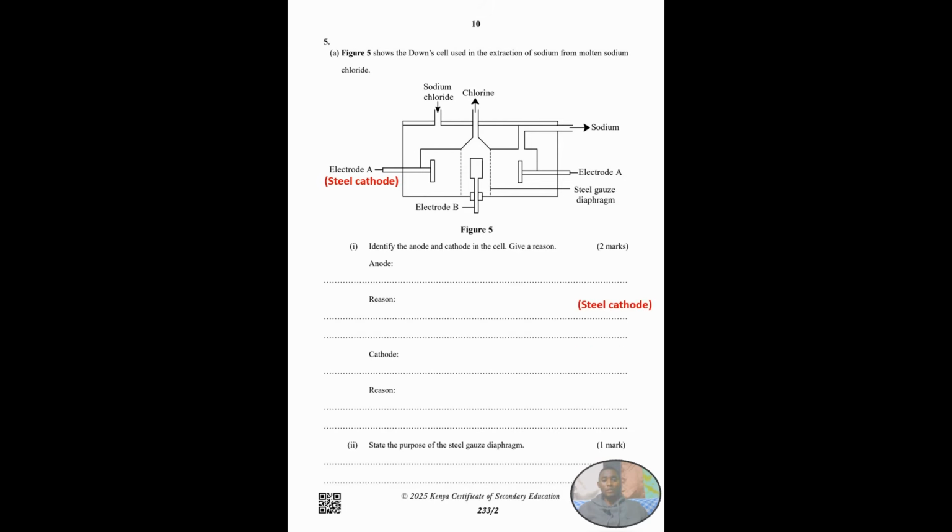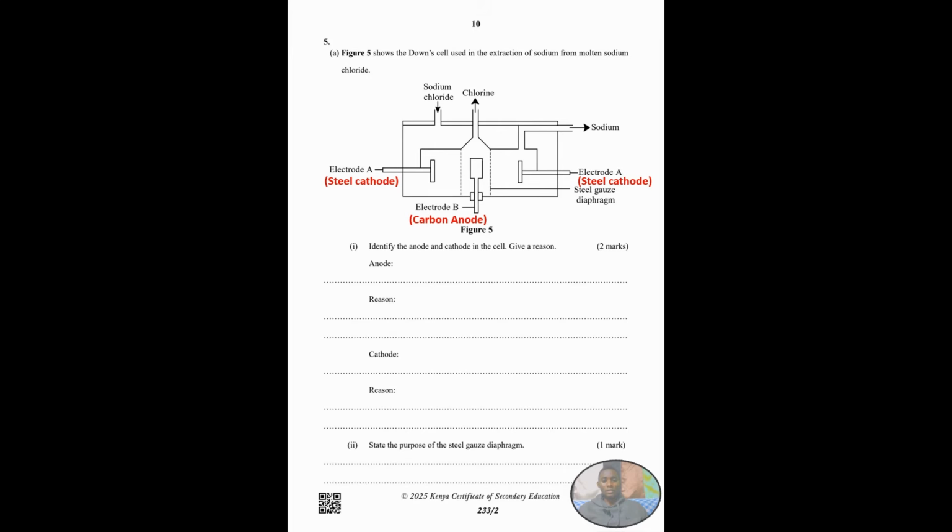We also have it on the right hand side, and then we have electrode B, which is always used as the carbon anode. So what happens once the sodium chloride is put in the down cell?